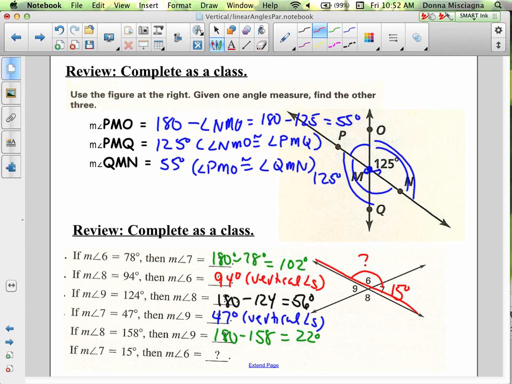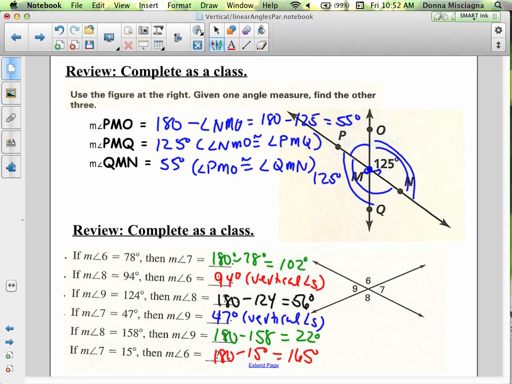Right? They are a linear pair. Together they make a straight angle. So, if we simply subtract 15 from 180, we have the measure of our angle, which is going to be 165 degrees.